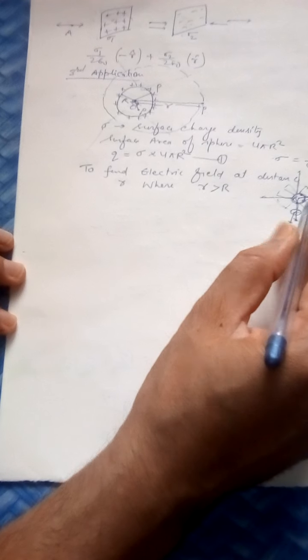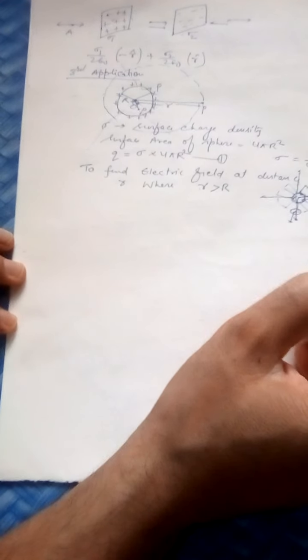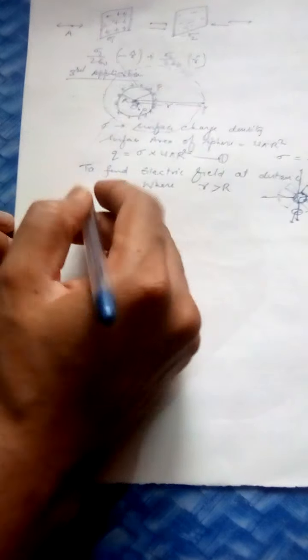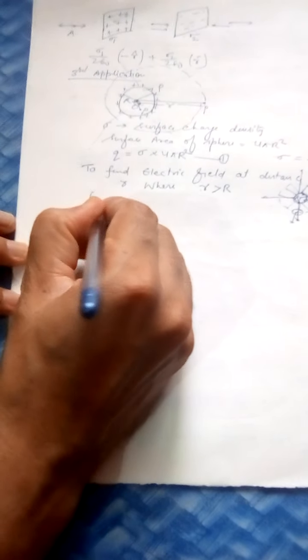Due to this charge, the distance is R. Due to this charge, the distance is also R. Clear? So the charge is at the same distance from the Gaussian surface, and the electric field is the same. Now we will solve the integral to get the value of the electric field.